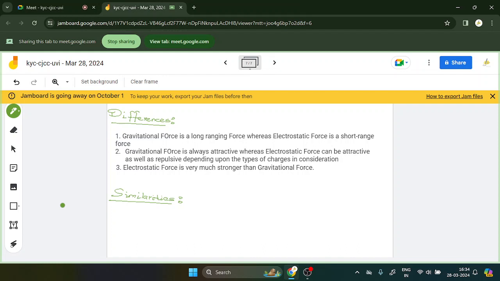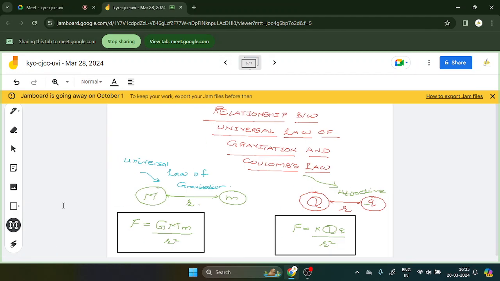The distance between the mass or charges. Very good. So they both follow the inverse square law. Both are inversely proportional to 1 upon r square, right? If you look here, this is inversely proportional to 1 upon r square, and this is also inversely proportional to 1 upon r square. F is inversely proportional to r square.